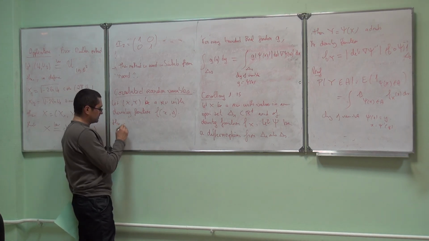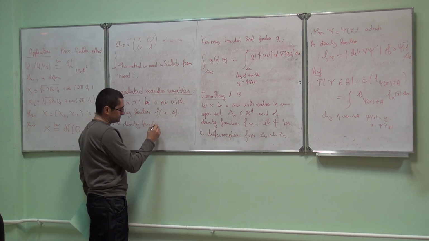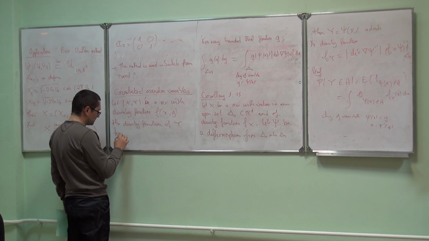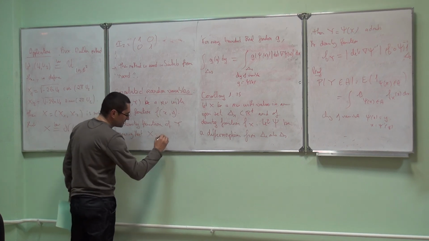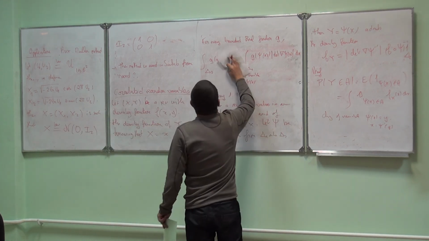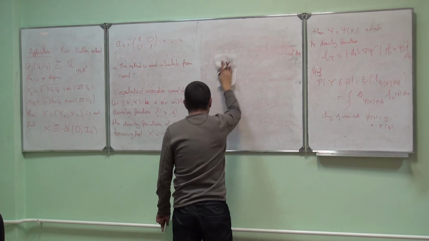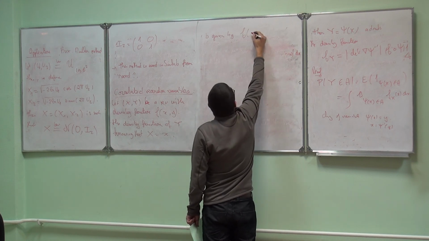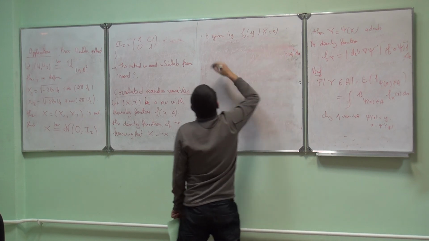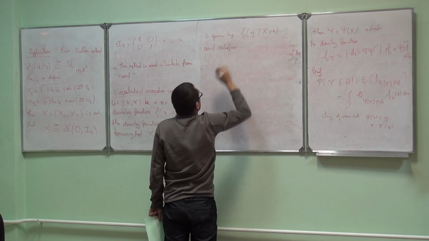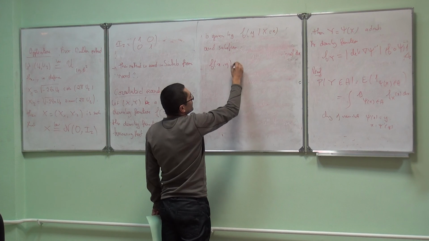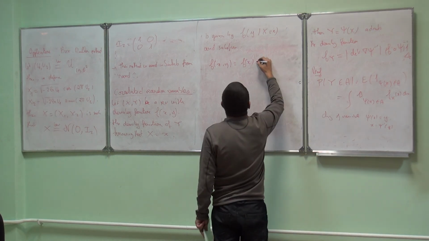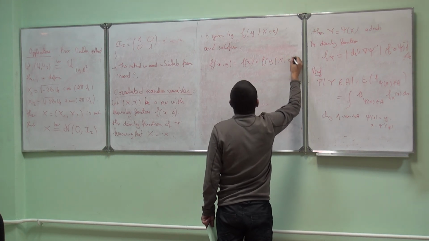The density function of Y, knowing that X equals some value small x, is given by such a function I call f(y | X = x), and satisfies, certainly, f(x, y) equals f_X(x) times this conditional density function f(y | X = x).